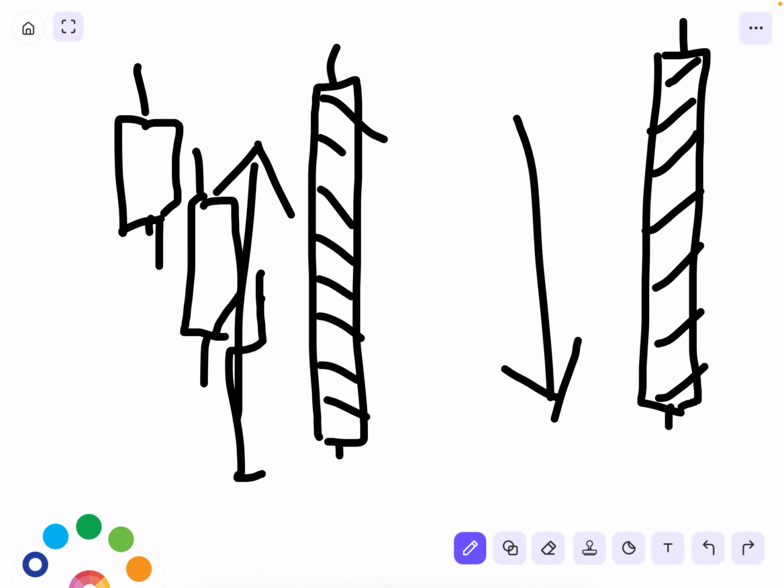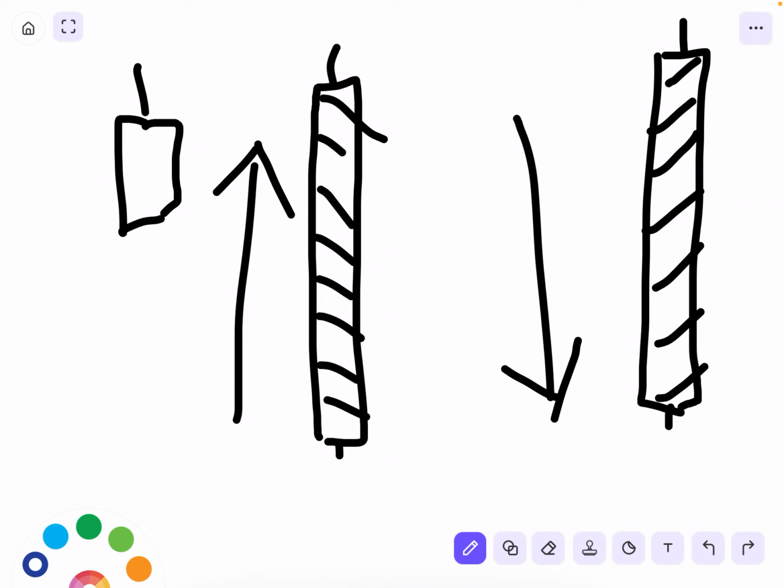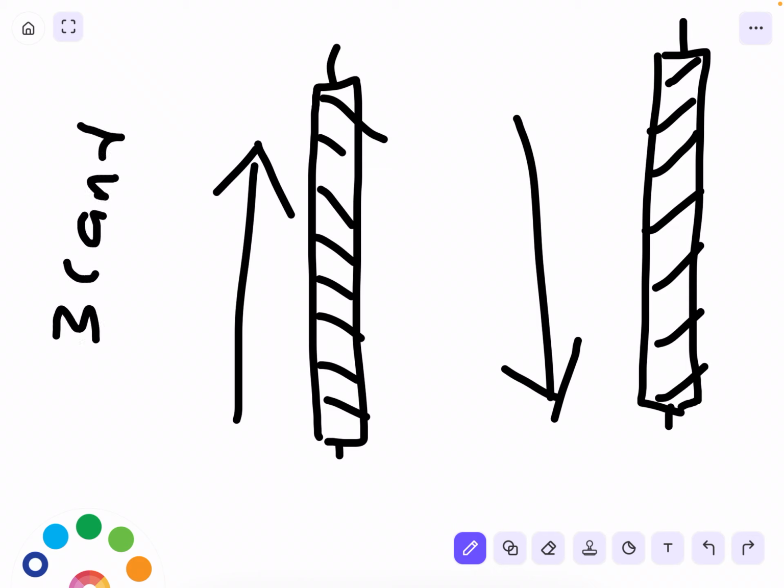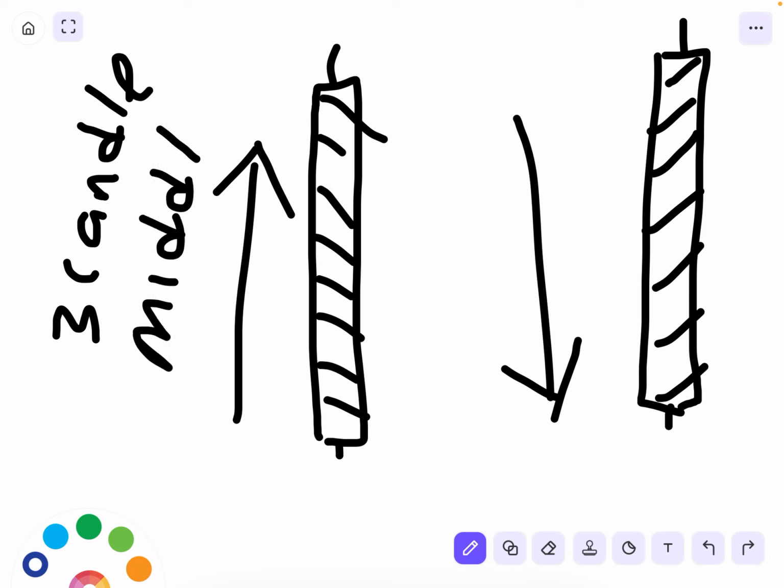It is the opposite for when the fair value gap is about to occur. You see it happens in a big candle, and it's always happening in a three-candle pattern. The middle one is the particular one you have to watch out for. This fair value gap is always at the middle candle.